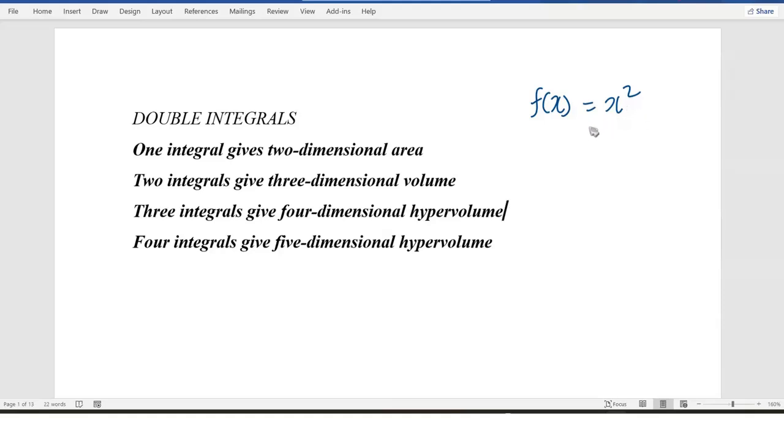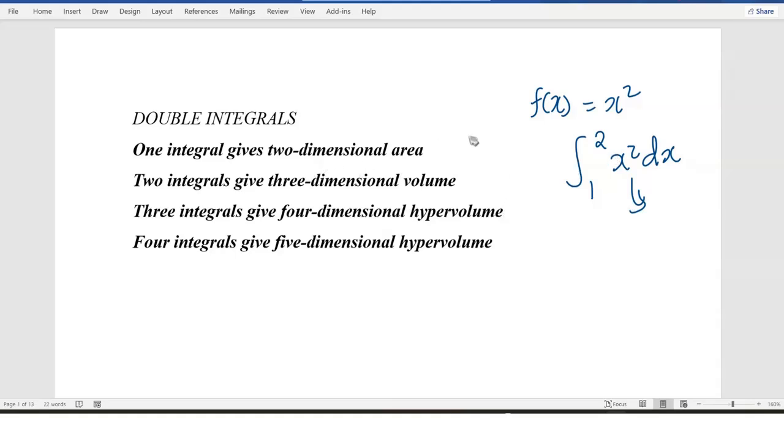To determine that area, we integrate between limits, for example, 1 to 2 of x squared with respect to x. This gives us the area between this curve and the x-axis in the limits 1 to 2.